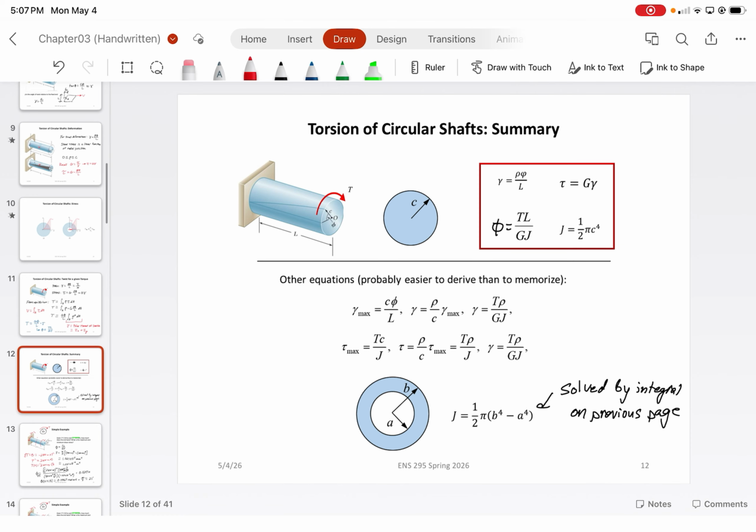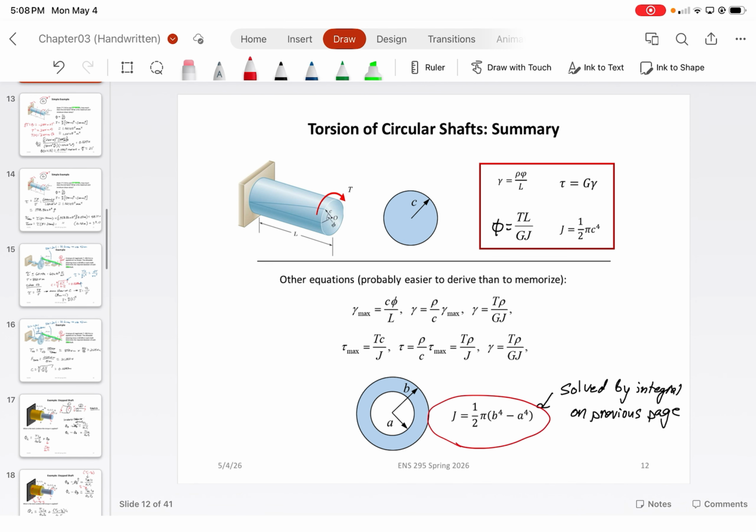But for circular shapes, it basically just equals this equation here. J is equal to pi over 2 times the outside radius to the fourth minus the inside radius to the fourth, if there's an inside radius. If there is not an inside radius, then the inner term approximates to 0, and you just end up with pi over 2 times b to the fourth.